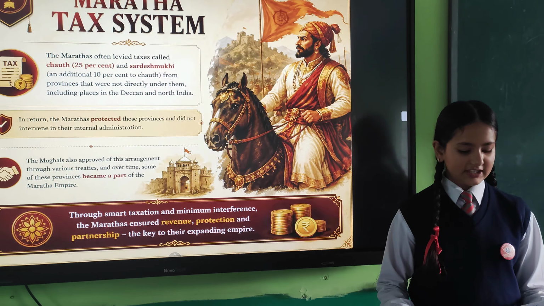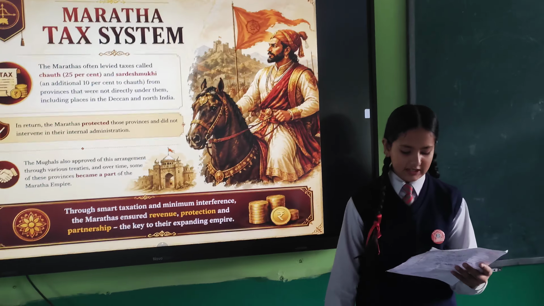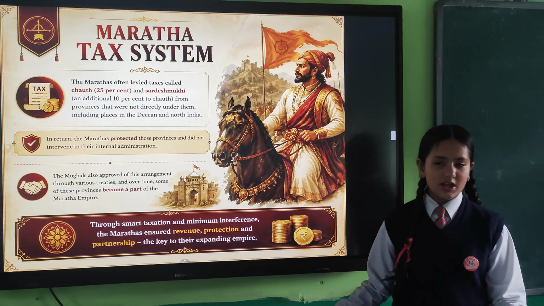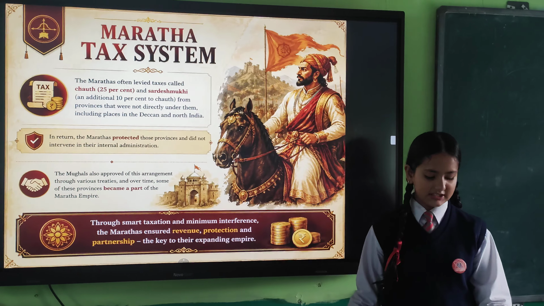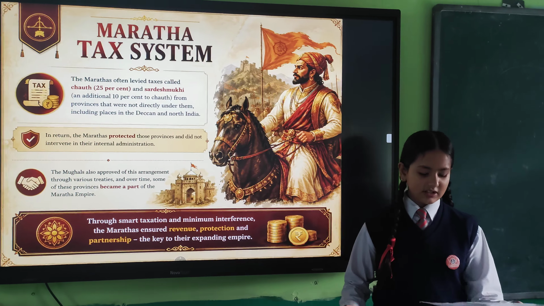The Don't Miss Out section explains the Maratha coins example, where we have taken the Ganapati coin, which has a description in Devanagari and Persian. One side invokes Ganapati, Ganesh, while the other expresses loyalty to the Persian.